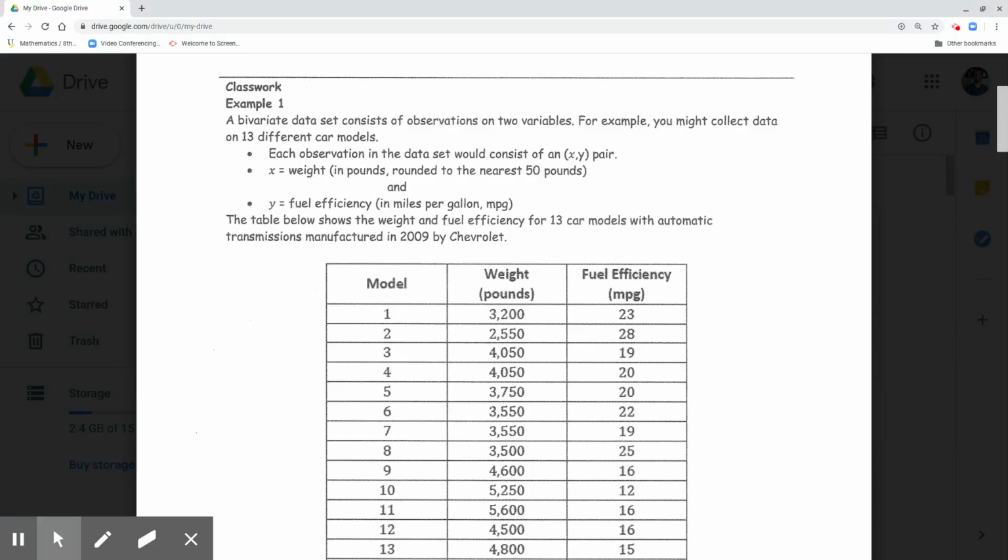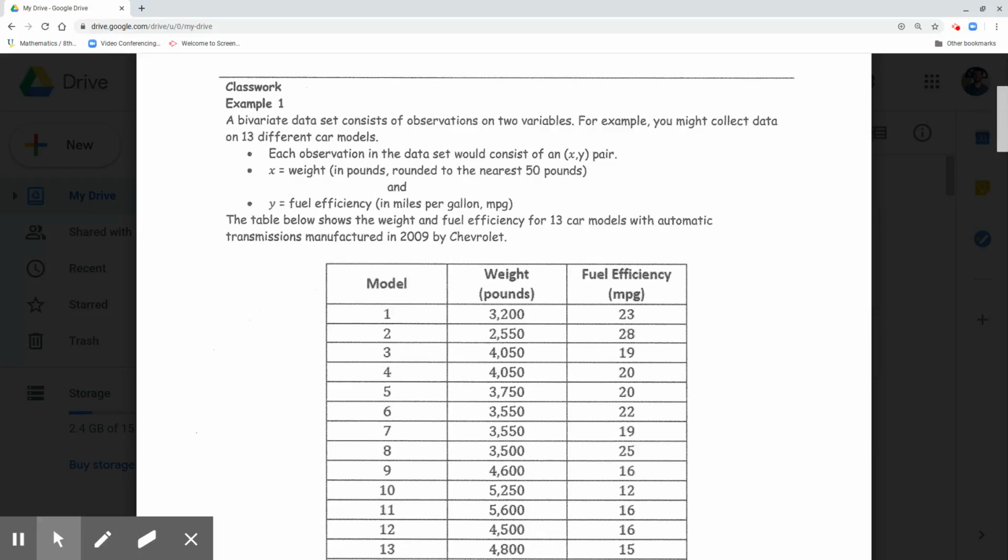So this is saying we're about to take a look at a table that is demonstrating some data that someone gathered on 13 potential cars. The X variable is going to represent the weight in pounds for each car. The Y variable is going to represent the fuel efficiency, which means how many miles the car gets to the gallon before you need more gas. So we're going to represent that with MPG, which stands for miles per gallon.